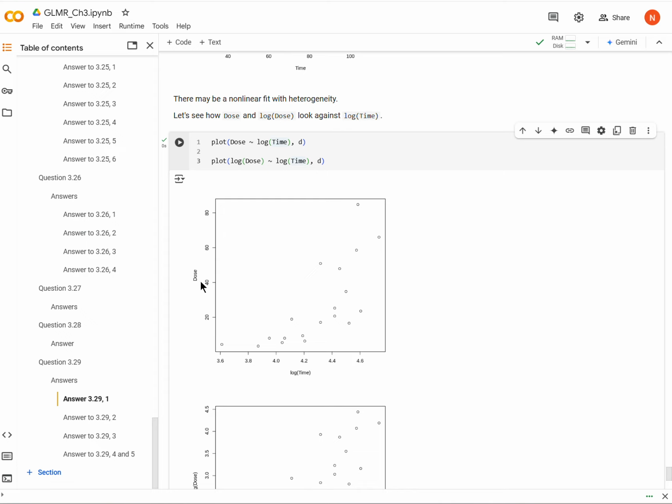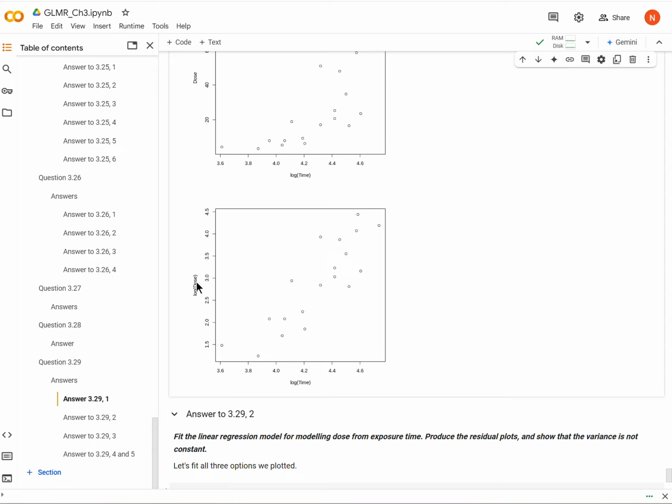And so when we plot dose against log time, it's hard to say that that's really better or not. But now when we go log, it certainly seems to have taken care of a lot of the curvilinear problems and the heteroskedasticity problems.